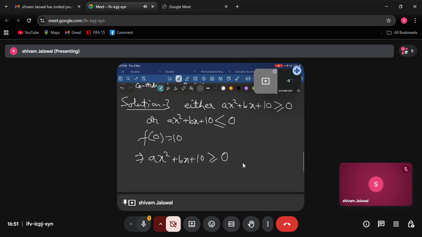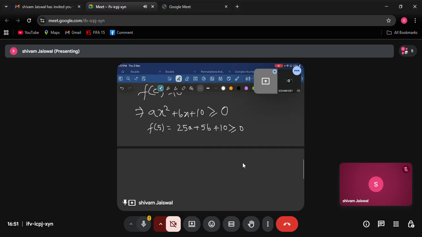If I substitute 5, f of 5 is 25a plus 5b plus 10 is greater than or equal to 0. Dividing by 5, we get 5a plus b plus 2 is greater than or equal to 0. This implies 5a plus b must be greater than or equal to minus 2.